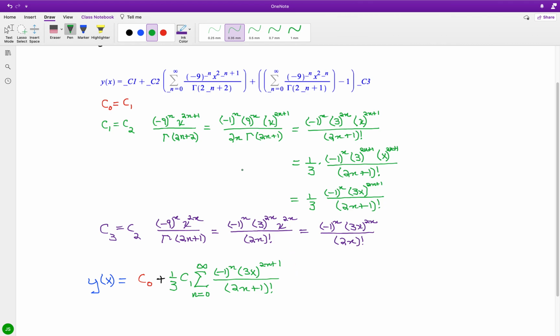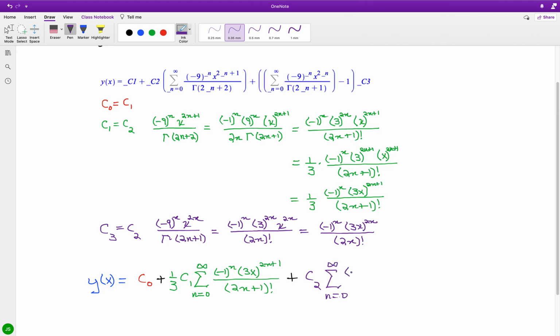And then for the subsequent term, you have C of 2 times the summation as n goes from 0 to infinity.